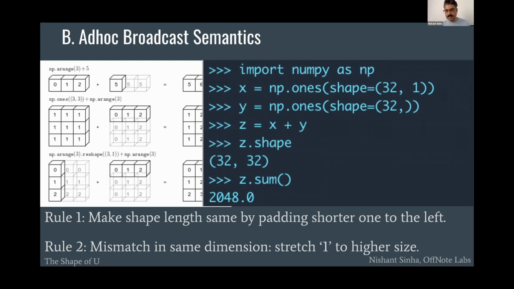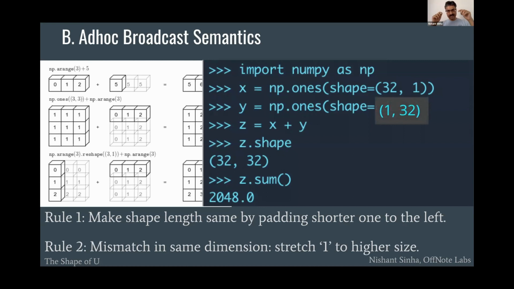And what happens is that it goes into broadcast semantics. Essentially, the different size shapes have to be balanced somehow. So for the second one, y, the compiler adds 1 as the first index, and now both shapes are the same size.